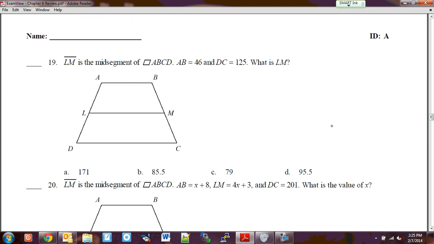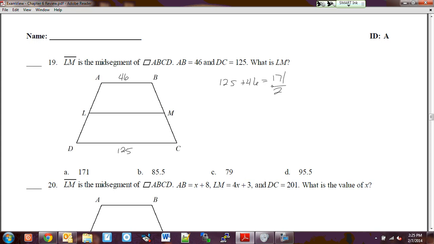Number 19. LM is a mid-segment of the trapezoid. AB is 46. BC is 125. We want to find the measure of LM. Well, if you remember, LM equals half the sum of the bases. So take 125, add 46. 125 plus 46 is 171.